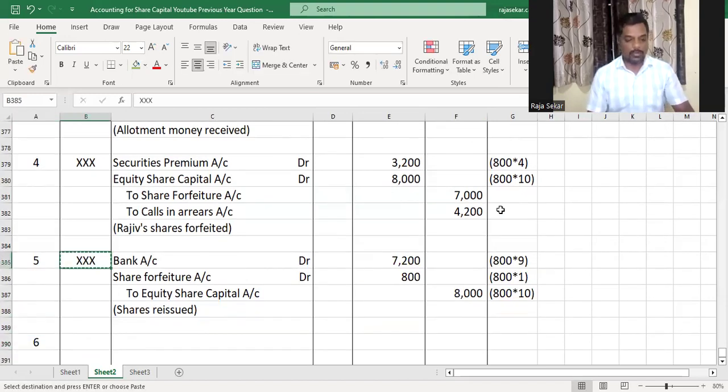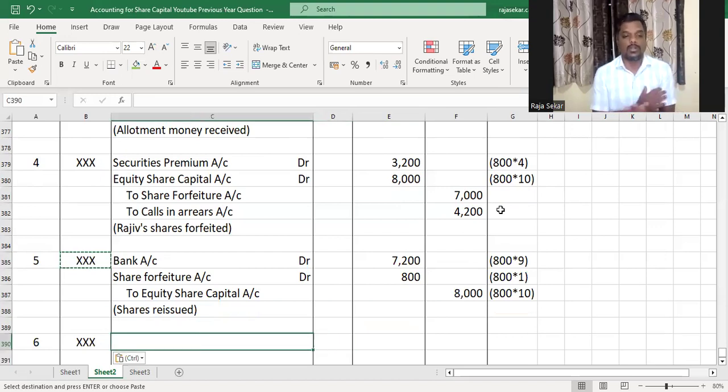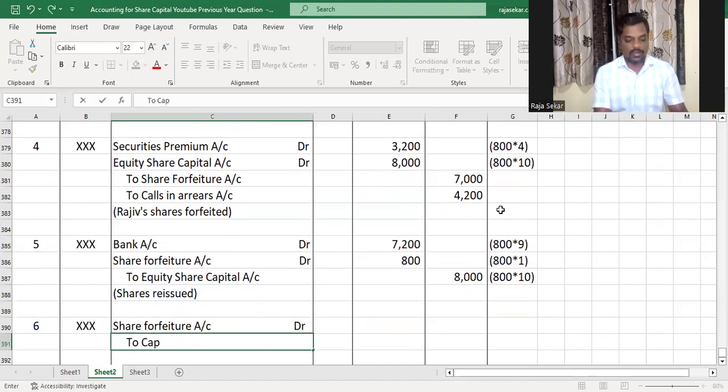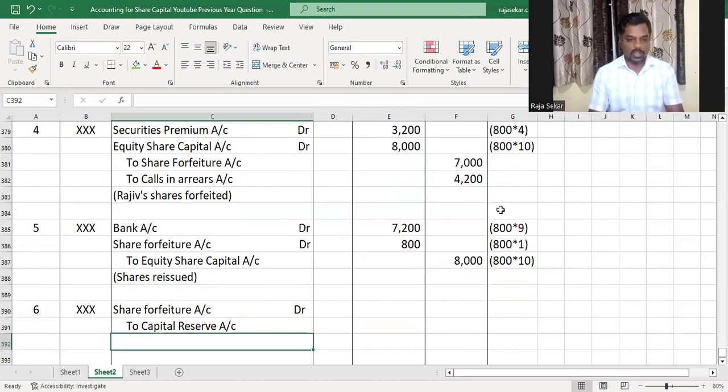The next journal entry would be to compute the profit on reissue and transfer it to capital reserve. But we don't even have to compute it here because, in fact, when all the shares have been reissued, accounting for capital reserve is very simple. It is whatever is credited into share forfeiture account in the forfeiture entry minus whatever loss on reissue was debited to share forfeiture in the reissue entry.